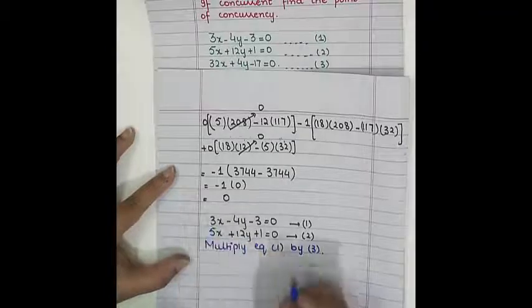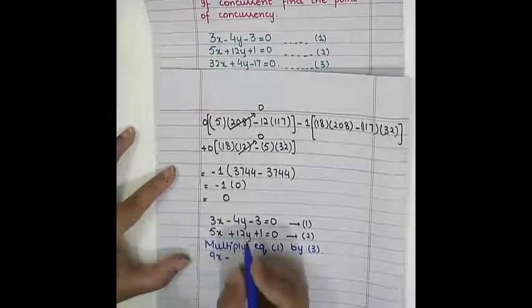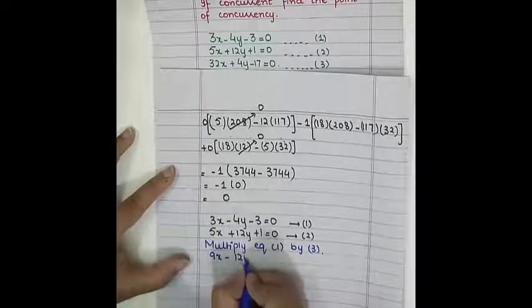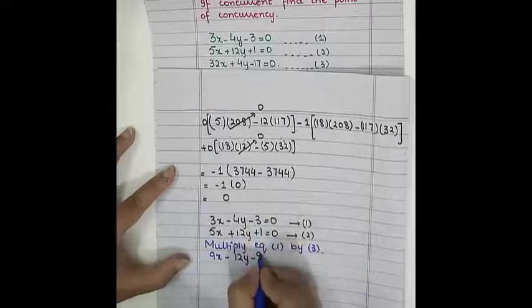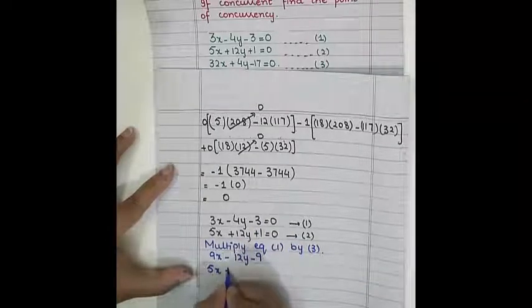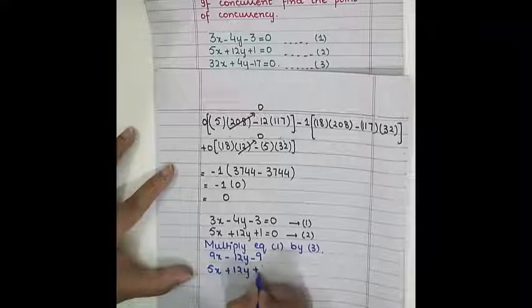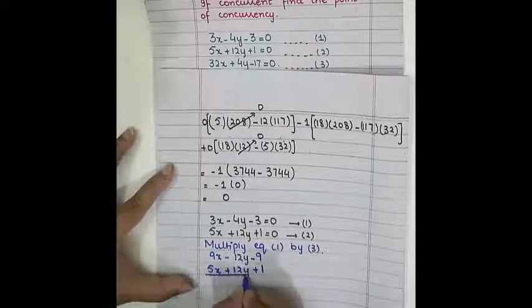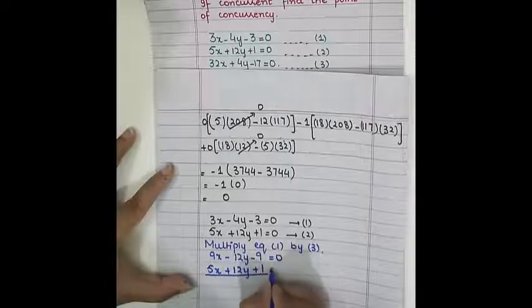So we have 3 times 3 is 9, minus 4 times 3 is 12, minus 3 times 3 is 9. Writing the second equation as it is, 5x plus 12y plus 1 equals 0.